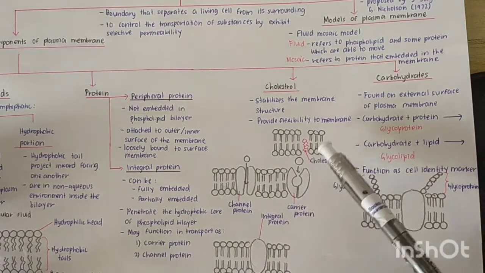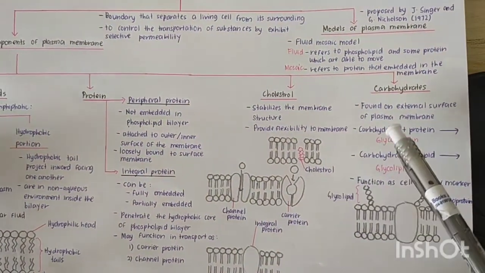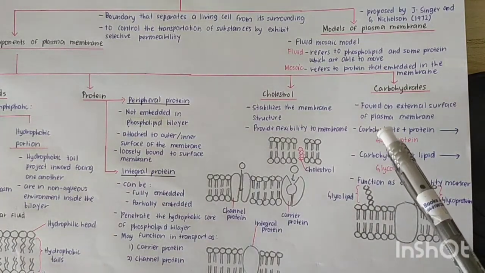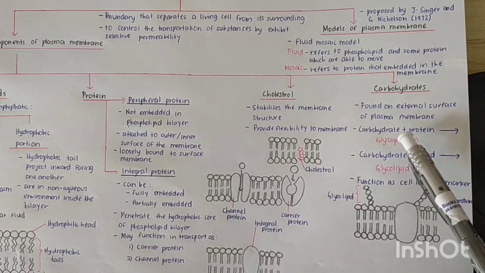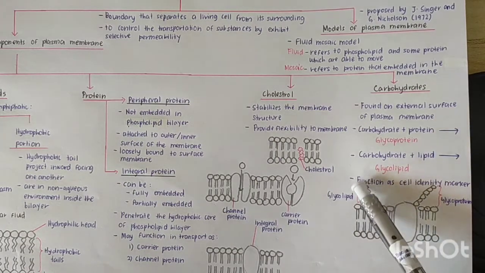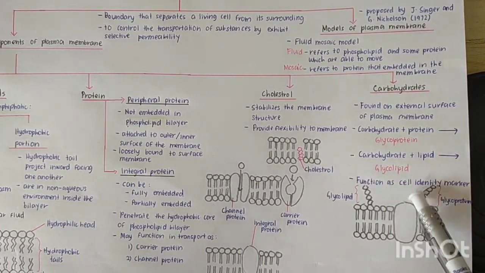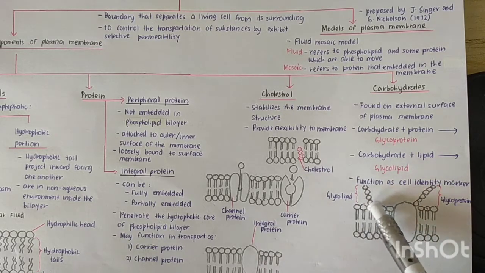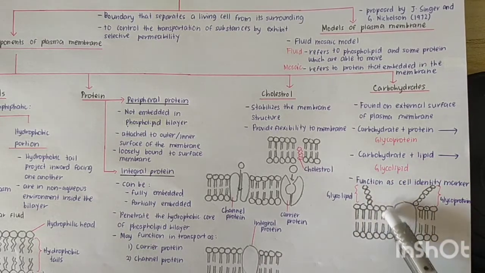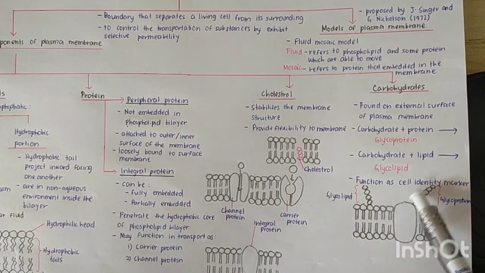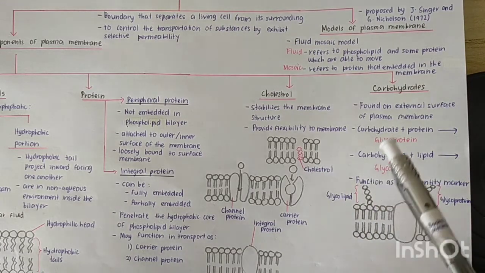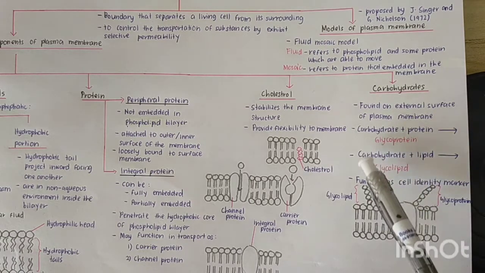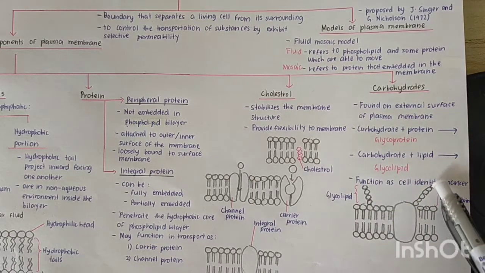And then the other components are carbohydrates. So what is carbohydrate? Carbohydrate can be found on the external surface of the plasma membrane. Here, this is the carbohydrate that attaches either to the lipid of the phospholipid bilayer, and also to the protein. So the association of carbohydrate and protein we call glycoprotein. Where is the glycoprotein here?